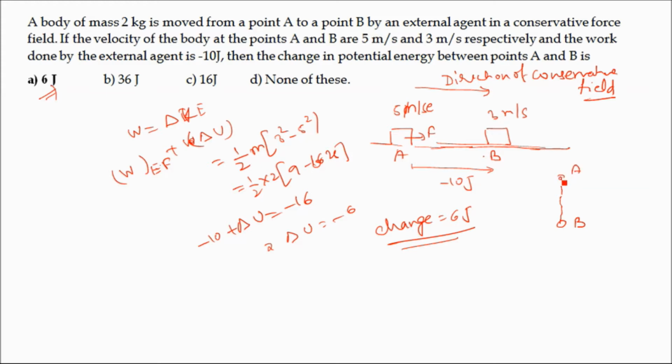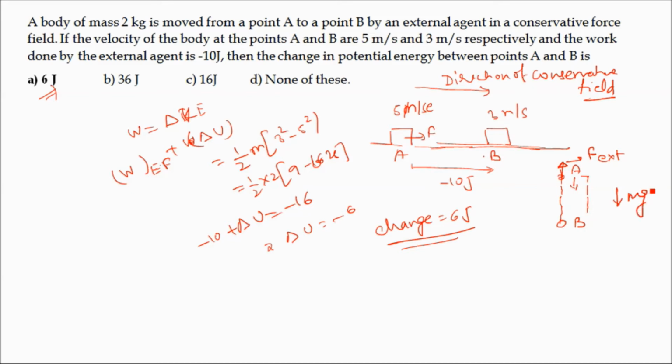If the external force is applied in the upward direction and the body moves in the downward direction, then the work done by the external agent has a negative sign, as the force and displacement are in opposite directions. So the external force acts in the opposite direction, and the object moves in the direction of the conservative field.